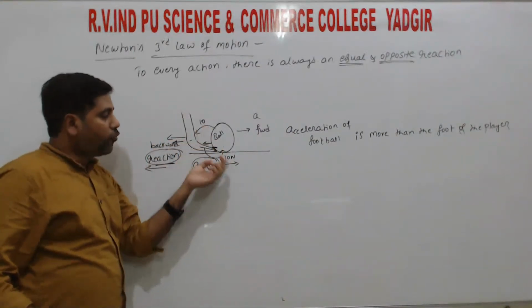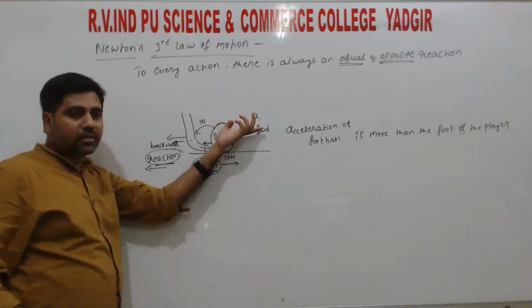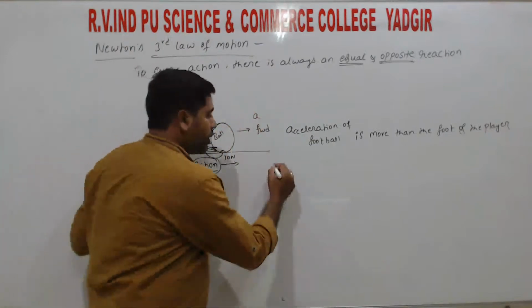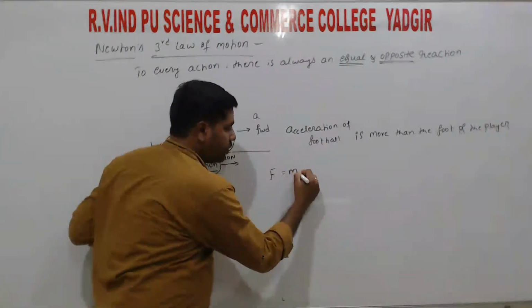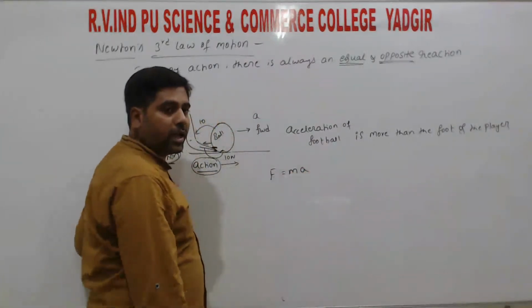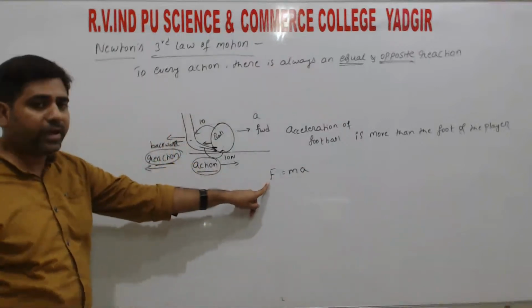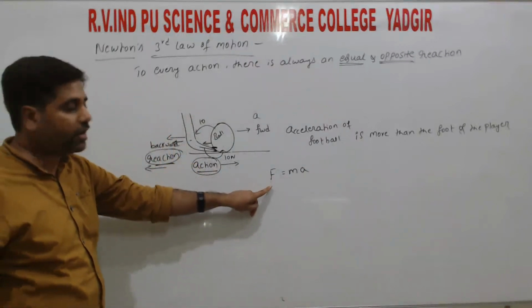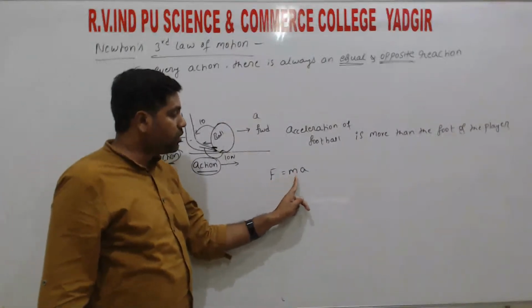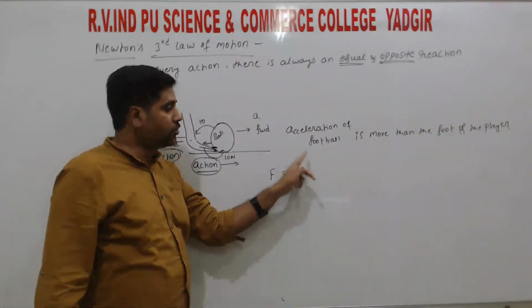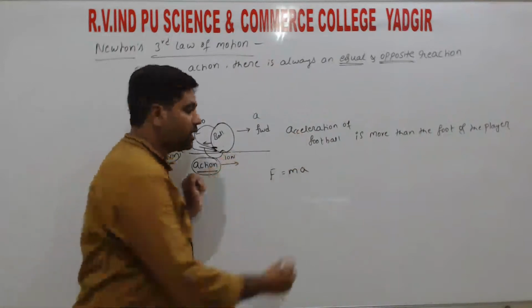So when the force is the same on both sides, the acceleration varies. Why? Because again from Newton's second law of motion, F is equals to m into a. This is the relation we get from Newton's second law of motion, where F is the force, m is the mass, and a is the acceleration. So here we are discussing the acceleration, right?